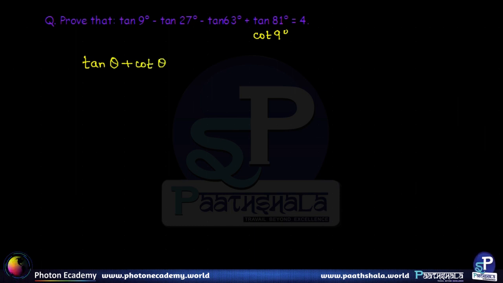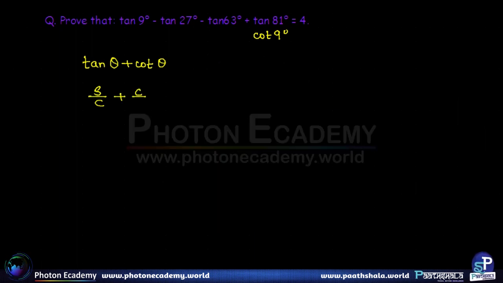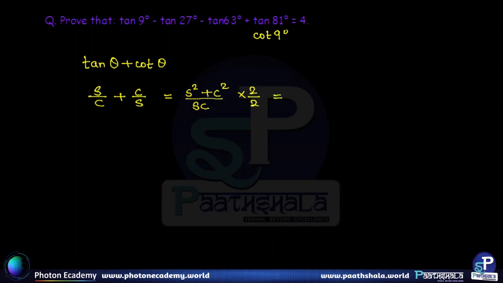So this is sin theta upon cos theta plus cos theta upon sin theta. That will become sin square theta plus cos square theta upon sin theta cos theta. So let us multiply and divide by 2. So in the denominator we have 2 sin theta cos theta, so that is obviously sin 2 theta.